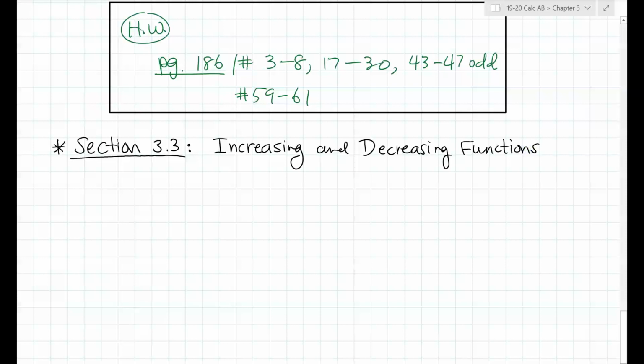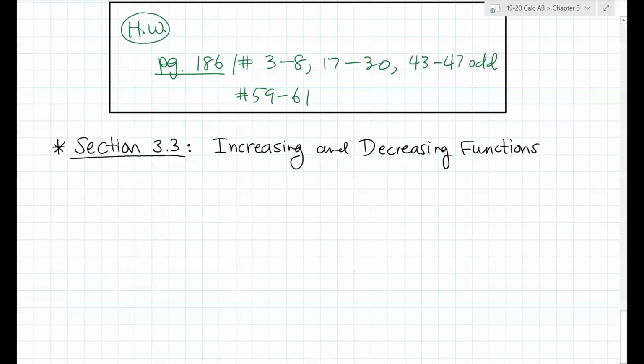And we will talk about the first derivative test. We're not going to write it out because it's not anything that's new. You guys already know it. We just did it earlier. So we're going to talk about how to identify relative maxima and minima, or extrema in general, absolute maxima, absolute minima.